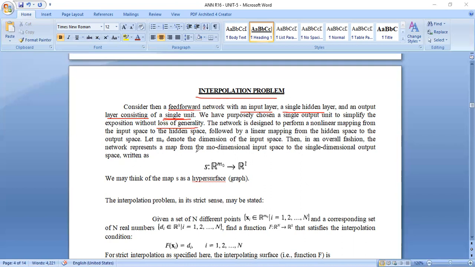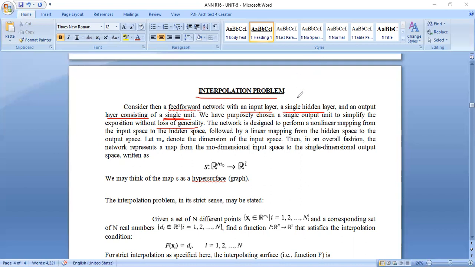It combines all the hidden layer inputs and produces one kind of output without losing any generality. For that purpose, we have taken only one output neuron here.